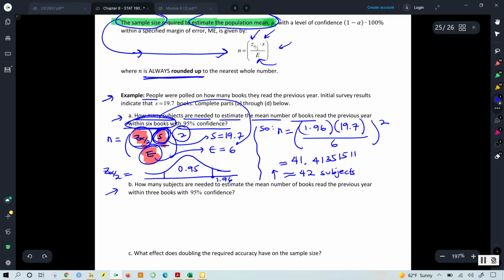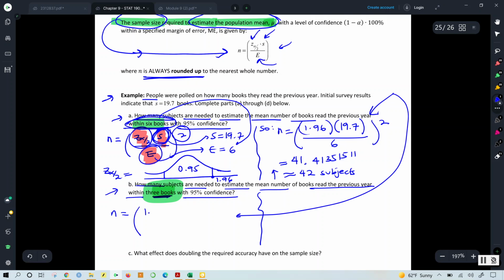Question B. How many subjects are needed to estimate the mean number of books read per year within 3 books with 95% confidence interval? The only information that has changed is from 6 to 3. So using the same formula, we have n. I'm going to adapt this same piece back here, and the only piece I will change is the 6.